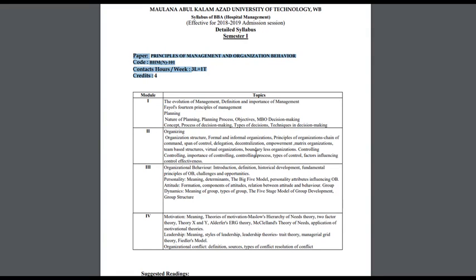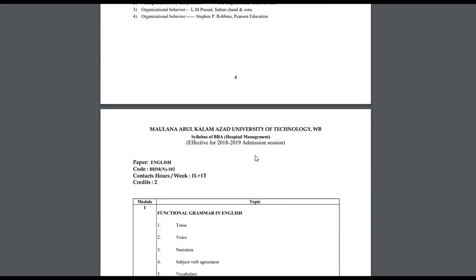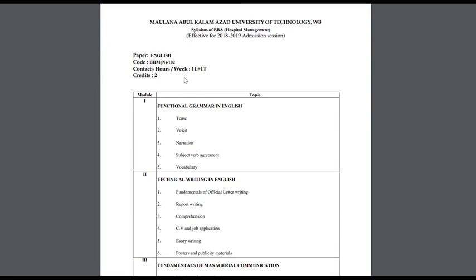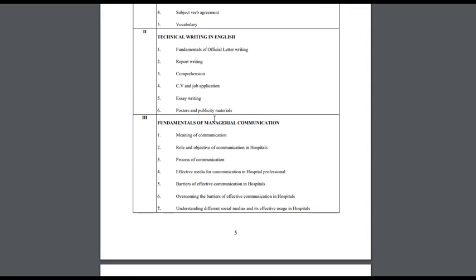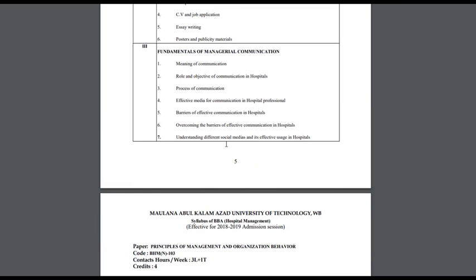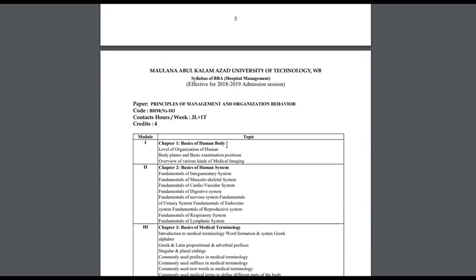We will take a detailed analysis and review of this syllabus later on in some other video. Moving down further, there is a syllabus of English. I am not going to make any kind of video on this particular syllabus because this is actually a very common subject. You should be knowing these subjects even before you have joined the course of hospital management.